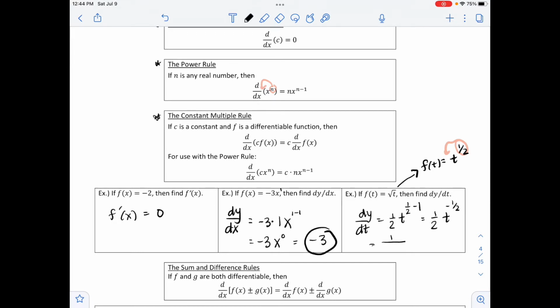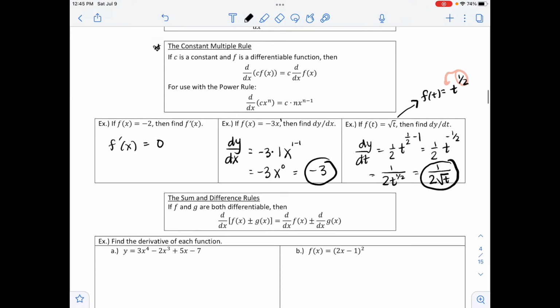So we're going to have 1 over 2 t to the positive 1/2. Rewriting this as a root is going to be 1 over 2 square root of t. So this gives us our function for the derivative. This is much faster than using the difference quotient and taking the limit of that.